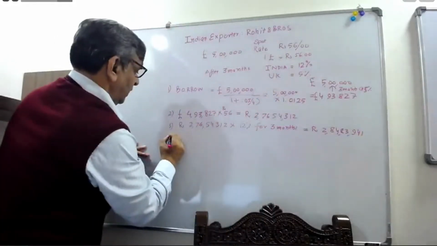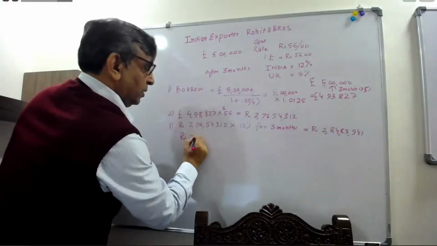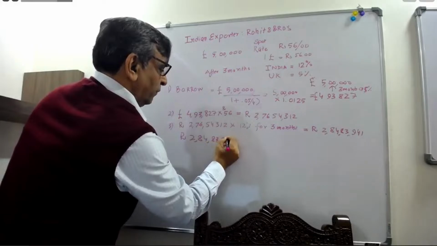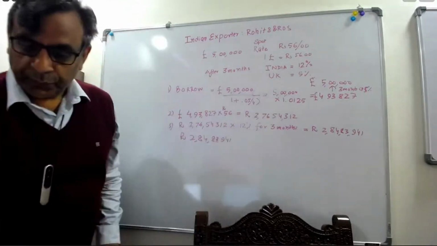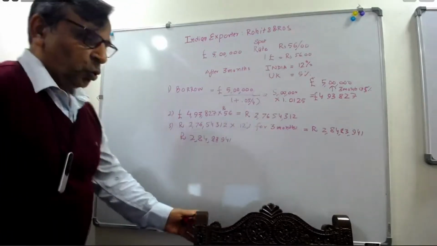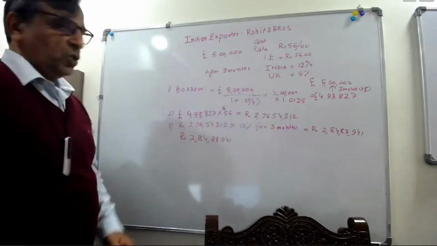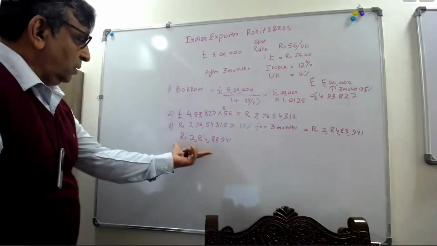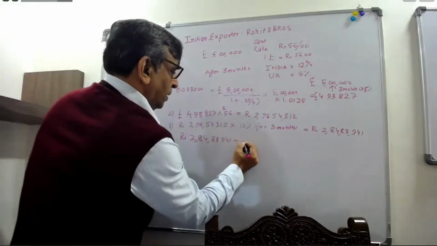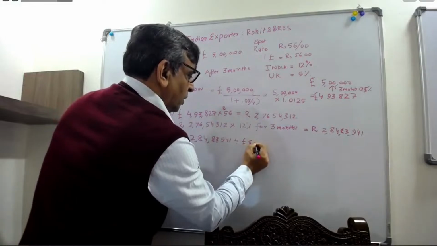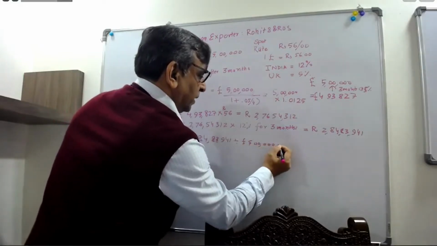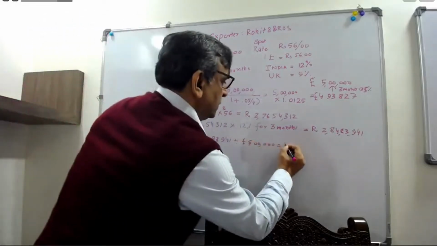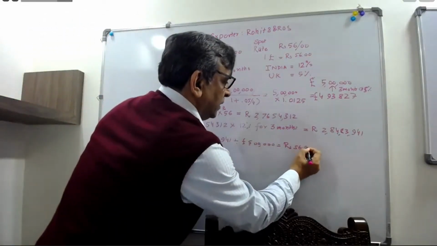So I'll just write it here again. It will be 2 crore 84 lakhs 83,941. So this is the money which has grown, the money which he has got. Now, if we divide this by 5 lakh pounds to see at what rate he's getting the money, it will come to 56.97.